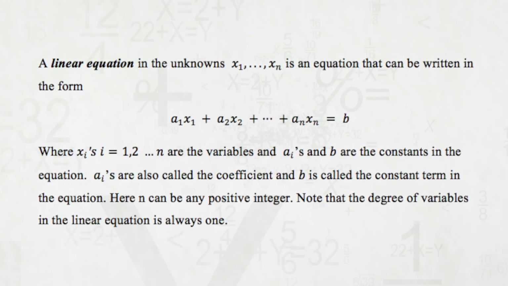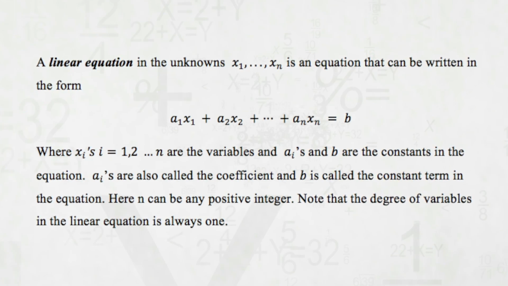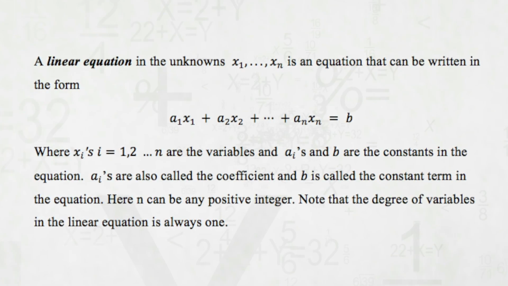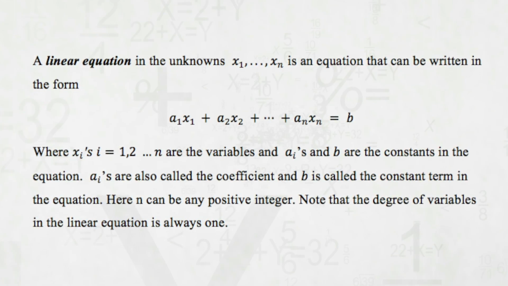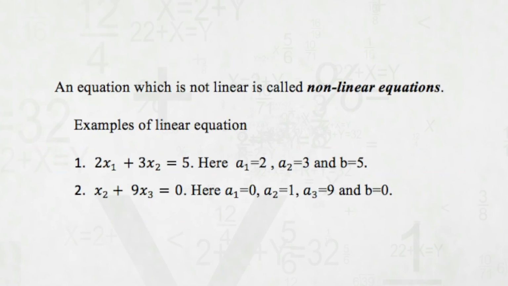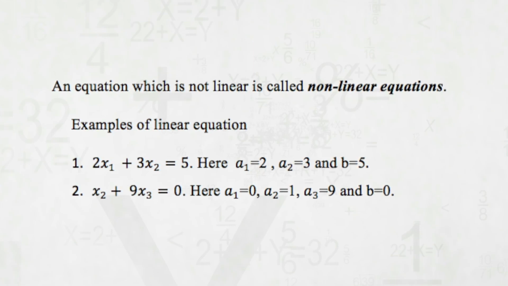The ai's are also called the coefficients and b is called the constant term in the equation. Here n can be any positive integer. Note that the degree of variables in a linear equation is always 1. An equation which is not linear is called a non-linear equation.